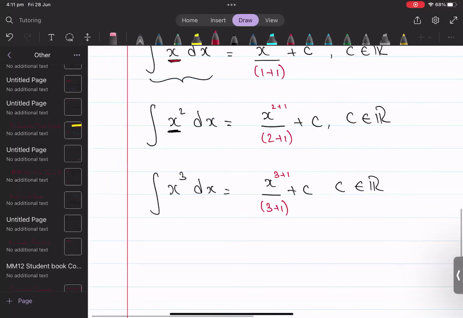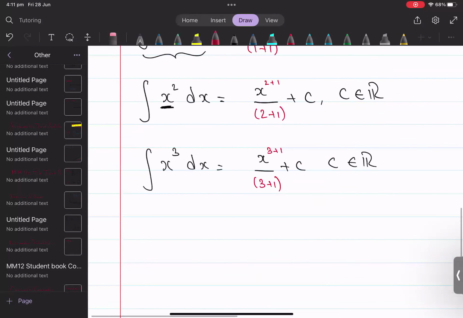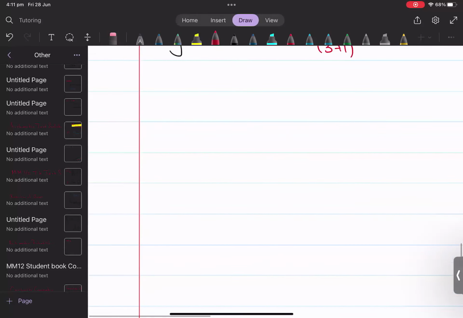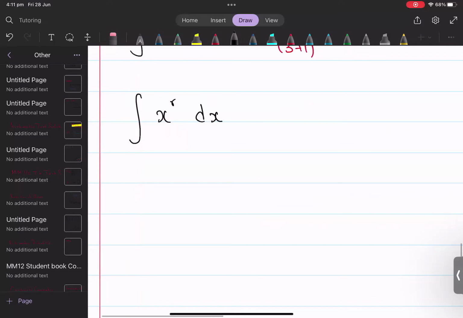So in general, if we generalize this expression, we get something like this. The antiderivative of x to the power of r with respect to x, where r is not equal to -1. We'll see why in a minute.